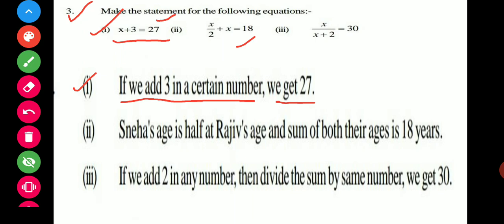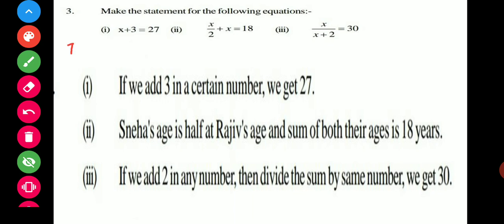Similarly, the second one, this one, Sheila's age is half of Rajiv's age, and the sum of both their ages is 18 years. 18 is given here. Sheila's age is half, so this one is the age of Sheila, and this one is the age of Rajiv. You can write some other type. How can we write this one? We can write like this.